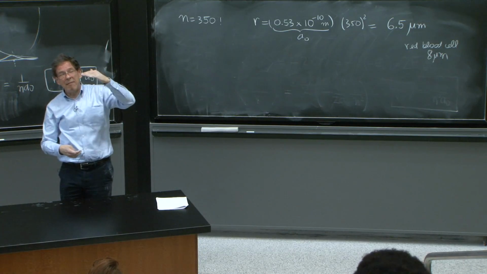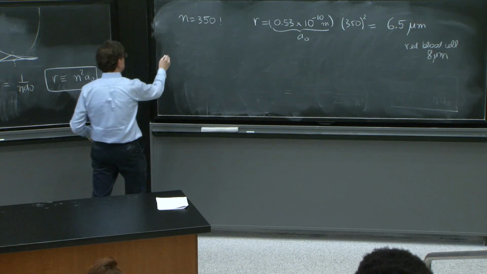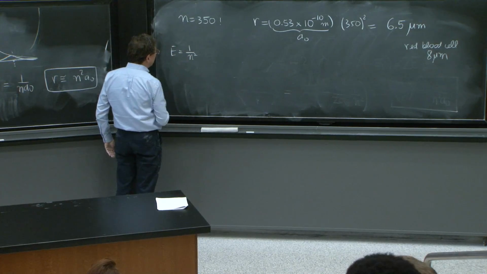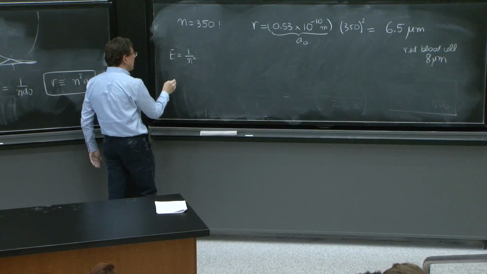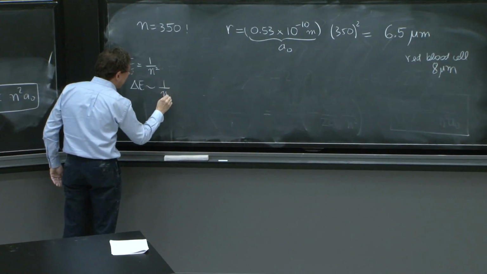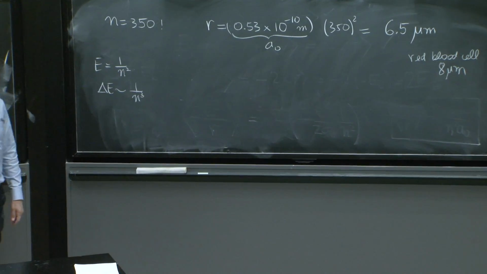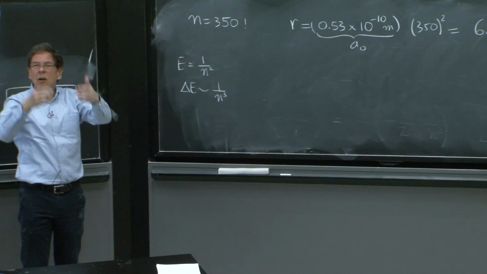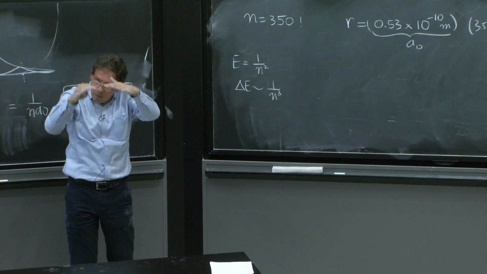The energy levels, if you have energies that go like 1 over n squared, the separation between them goes like 1 over n cubed. So there are lots and lots of states there, and it takes a long time for it to decay from one to another.